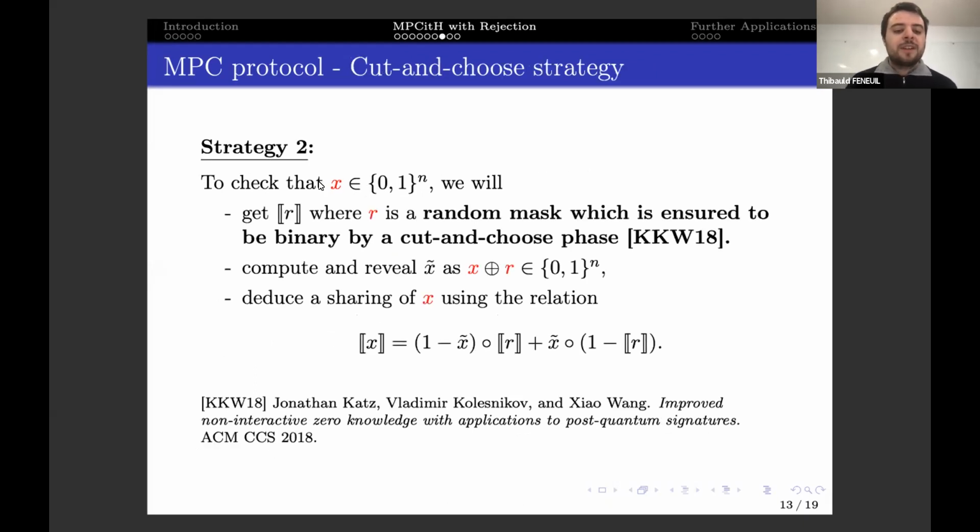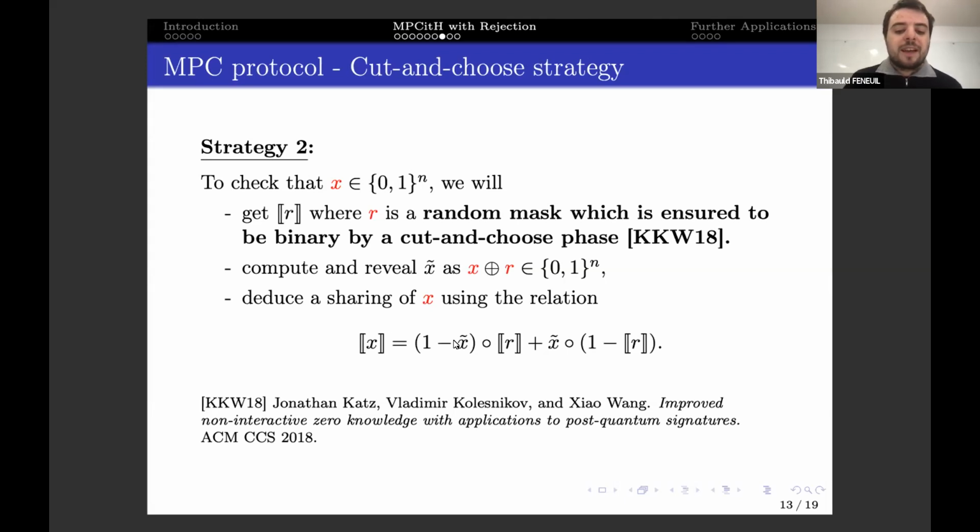The second strategy works as follows. We will get a sharing of a random mask R, which is ensured to be binary thanks to a cut-and-choose phase. Then we compute and reveal the masked version of the secret X, named X tilde, as X XOR R. Then we can deduce a sharing of X using the above relation.